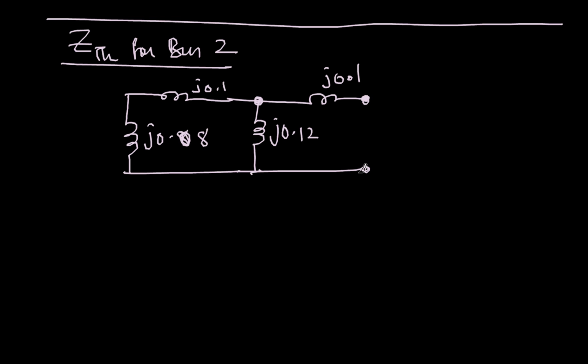See, at bus 3 there is no load connected. Now if I take these two as AB terminals, I am interested in impedance between the points A and B for the system.